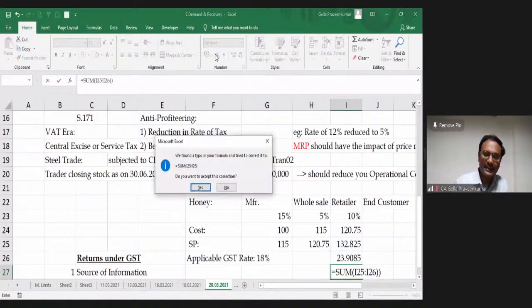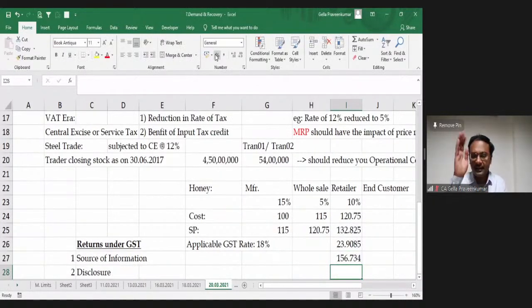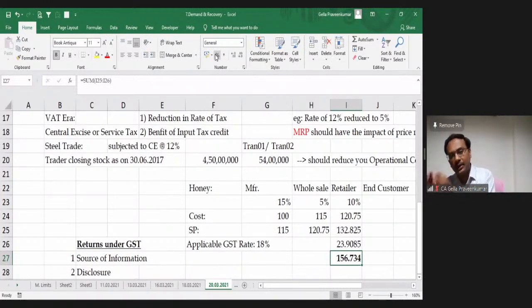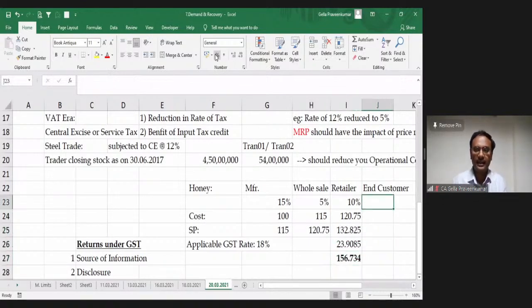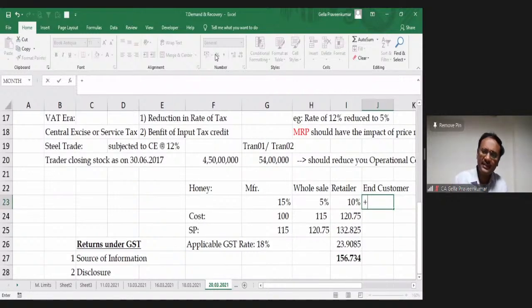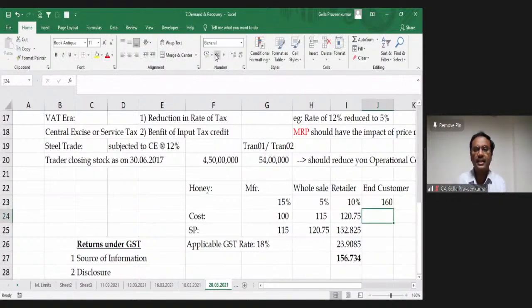There is no cascading effect of taxes. At every stage, the benefit of taxation is enjoyed. The GST charged by the manufacturer is enjoyed by the wholesaler and the retailer. Now, 156 is the landed price with GST. So for the end consumer, my MRP rounding off, 156 was made to 160 rupees. Now 160 was set as the selling price to the end consumer.